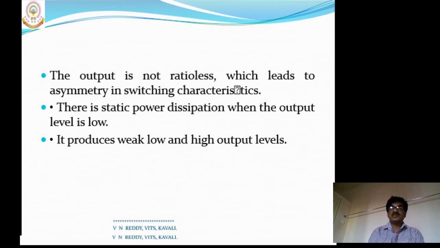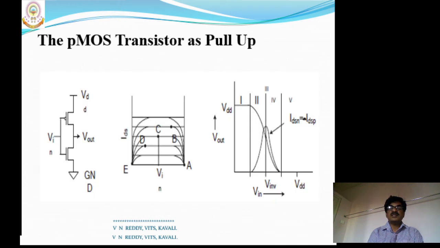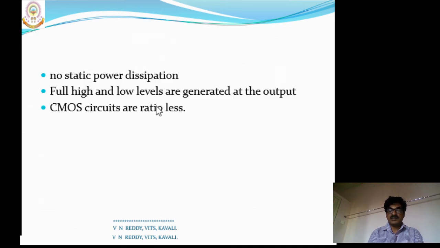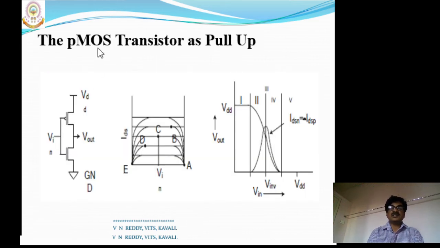Now to overcome these drawbacks, let us use a CMOS transistor as a pull-up. When you use a CMOS transistor as a pull-up, the resultant construction of the inverter is called a CMOS inverter.